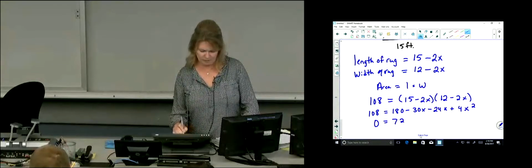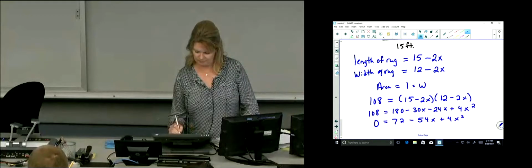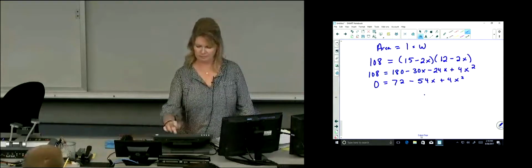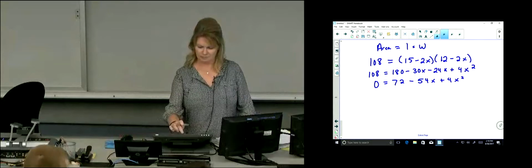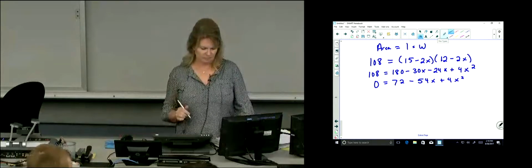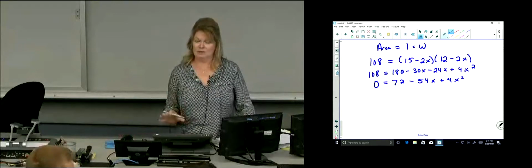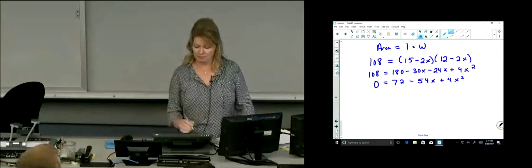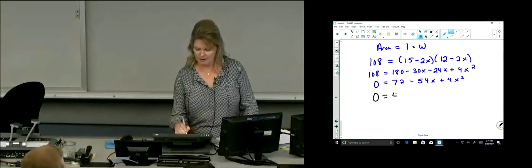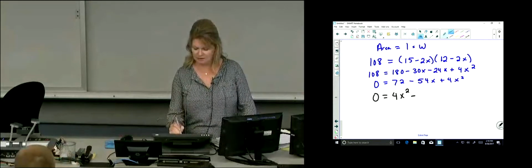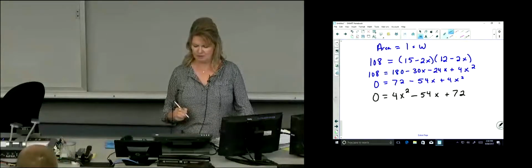Because it's a quadratic, we're going to set it equal to 0. I'll give you a minute to get all those numbers written down. Now, when I'm factoring, just because I like it in order, I would rewrite this so that my x squared is first, but just make sure if you go moving things around, you keep the correct signs with everybody.